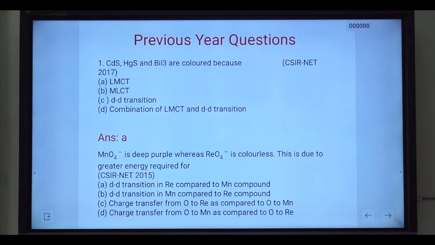ReO4 negative includes 5d orbital, that is why LMCT energy will be more in case of ReO4 than MnO4. Then see the options: charge transfer from oxygen to rhenium as compared to oxygen to manganese. So in the question, this is due to the greater energy required for oxygen to rhenium as compared to oxygen to manganese. So the correct option will be C.